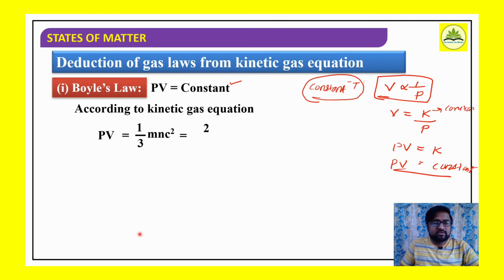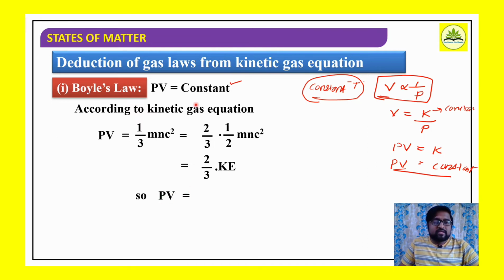So PV is equal to 2 by 3 into 1 by 2 mnc square, keeping 2 by 3 as it is. Here 1 by 2 mnc square is nothing but kinetic energy. So we got PV is equal to 2 by 3 KE, kinetic energy.